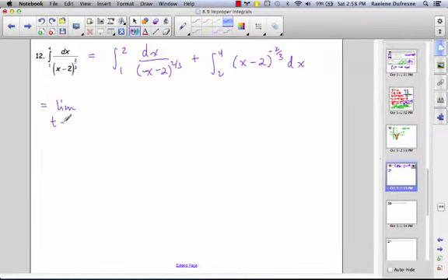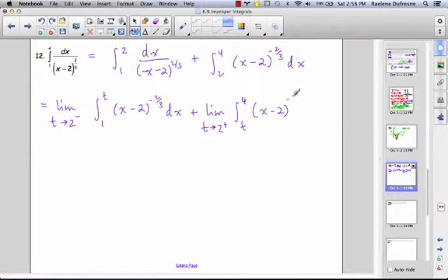As t approaches 2 from the left, integral from 1 to t, x minus 2 to the negative 2/3 dx, plus the limit as t approaches 2 from the right of the definite integral from t to 4 x minus 2 to the negative 2/3 dx.